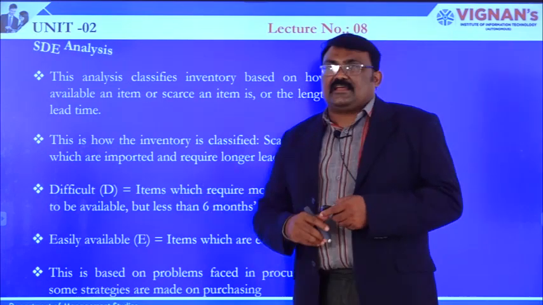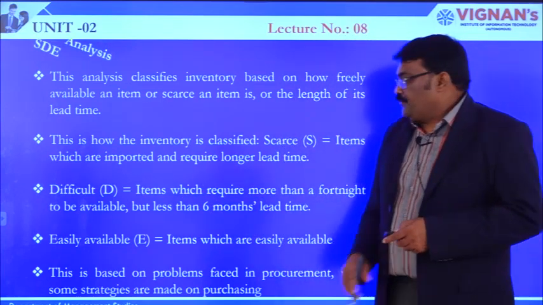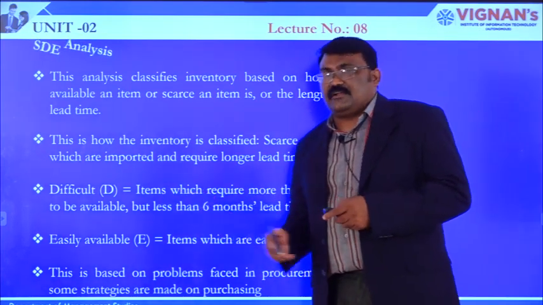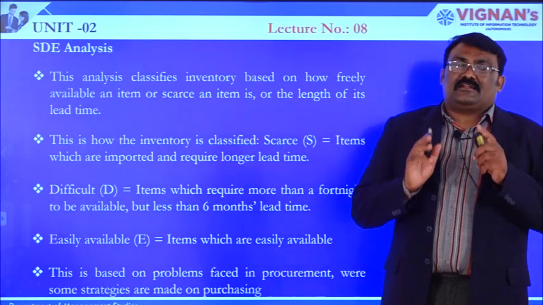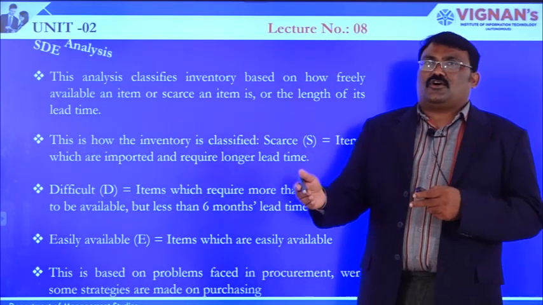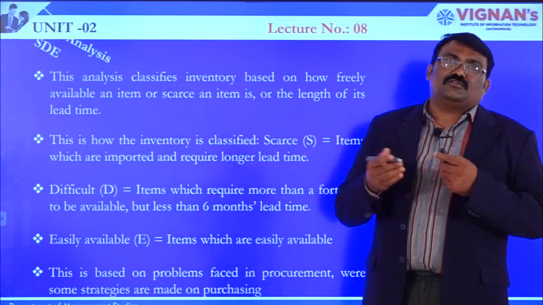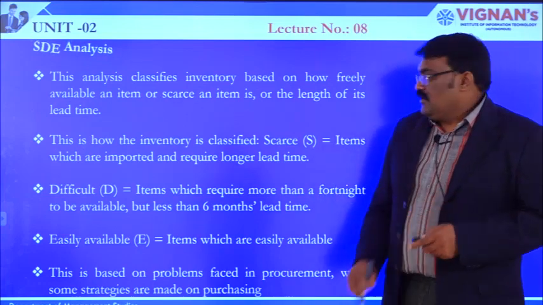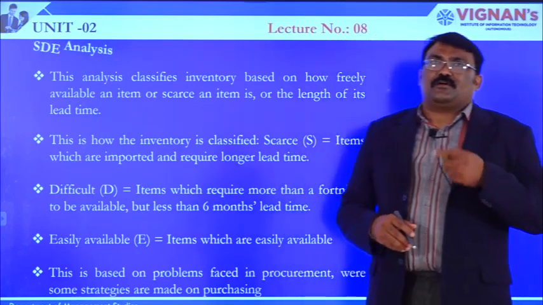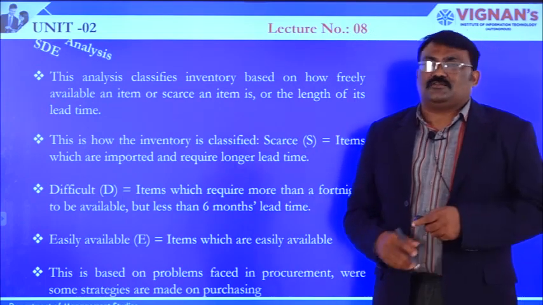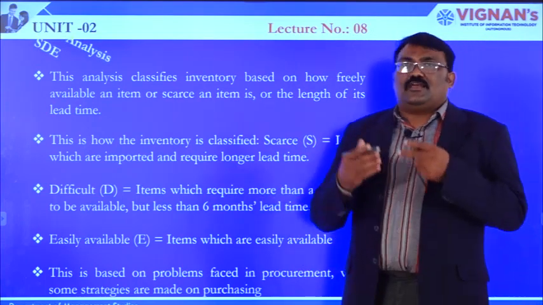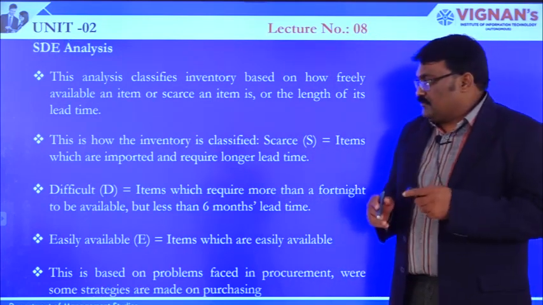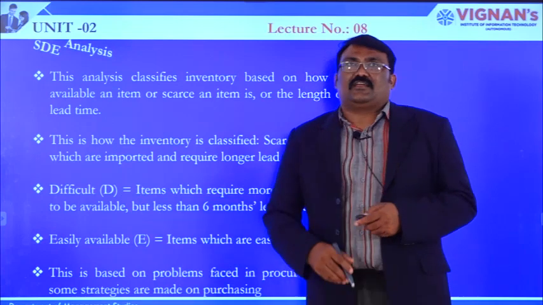Now, coming to the second one, that is the difficult one: items which require more than a fortnight to be available, meaning we would get that raw material in a shorter duration, but not to the extent where the raw material is not at all available. In such a scenario, it may take from almost one fortnight to 6 months to get the raw material, and all such raw materials come under the category of difficult.